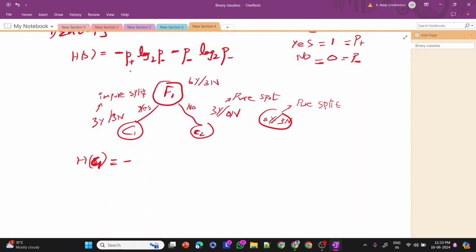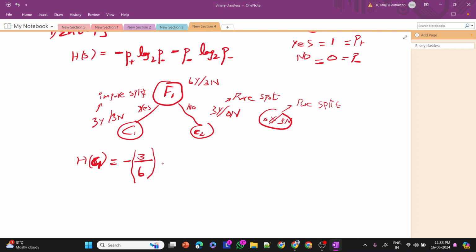P positive means the probability of positive. There are 6 conditions in total, so the denominator is 6 and there are 3 yes.